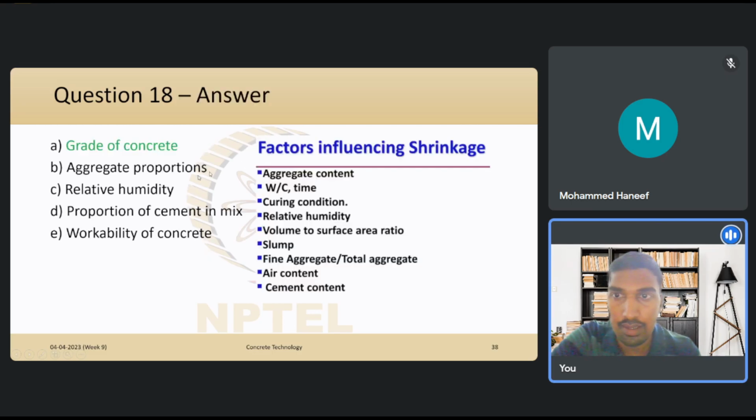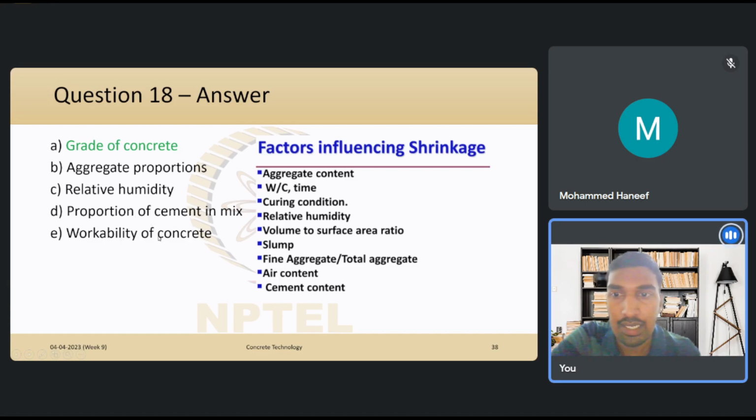Right? So we looked at these different factors, so we know which are these. The aggregate proportions, the relative humidity, proportion of cement in the mix, workability, all of these affect the shrinkage, right? We saw that with more aggregates or higher volumetric content, shrinkage will go down. We also saw the effect of relative humidity on shrinkage. Also, the proportion of cement in the mix is one of the factors, because when you have a higher proportion of cement, it means your aggregate proportions will go down, right?